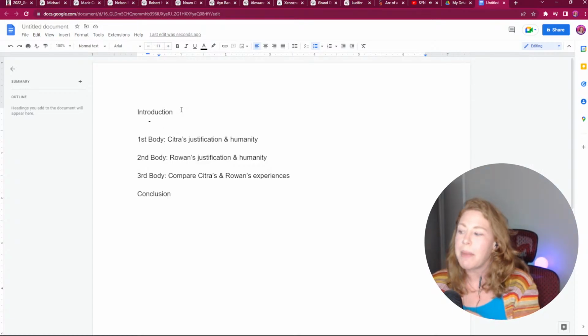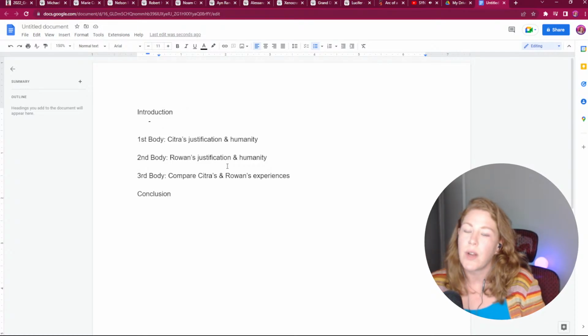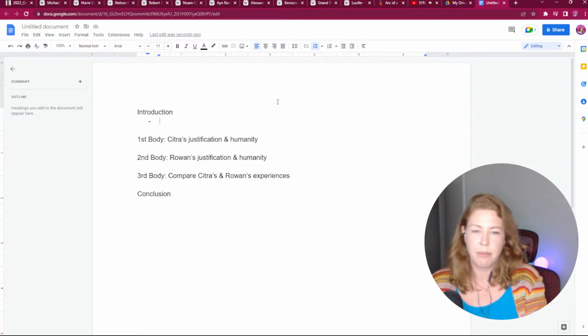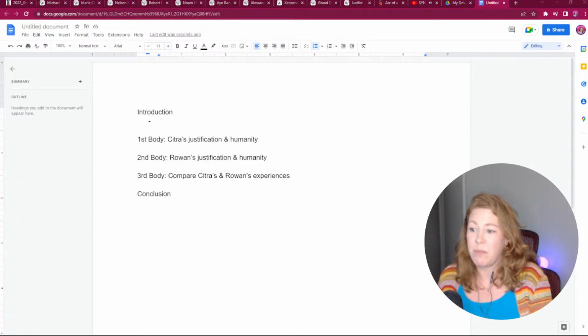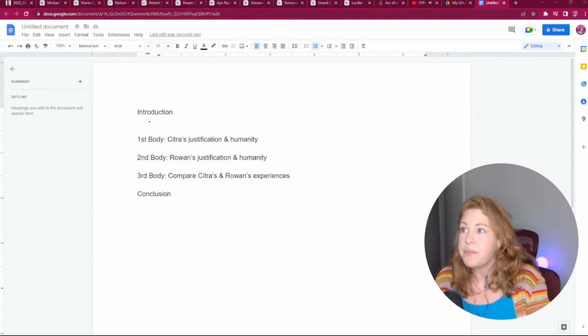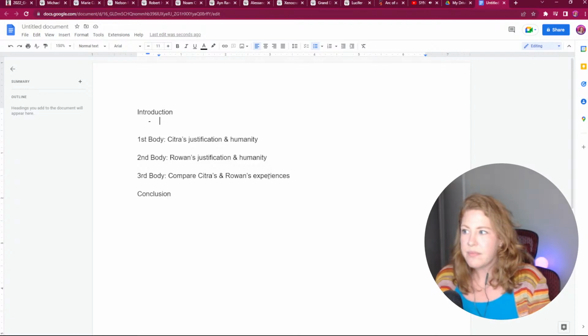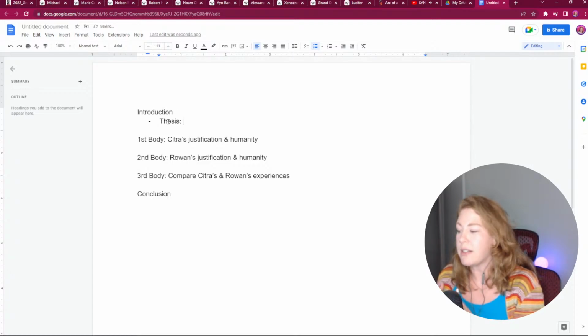In an argumentative essay, you would be making a claim, like Citra's better than Rowan or something like that. But this isn't argumentative. I'm not trying to argue that one of them is better than the other. I'm simply trying to explain each of them. So in my introduction, I might come up with a thesis statement.